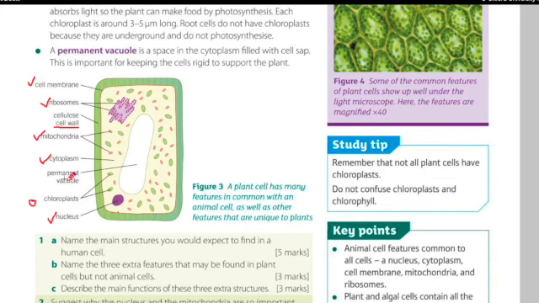It has a permanent vacuole, the cell sap, lots of juice in there. And it also has a cell wall. So those three are the structures you can only find in the plant cell.